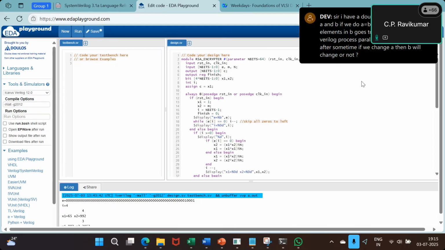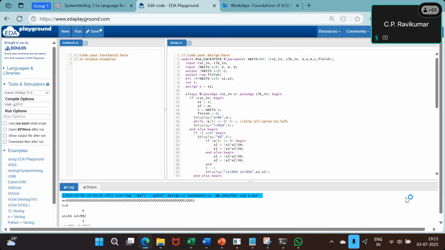If dynamic array A and B, if we do A equal to B, then what is it? When you do array to array copy, it is considered a shallow copy. So it will continue to point to the same array.